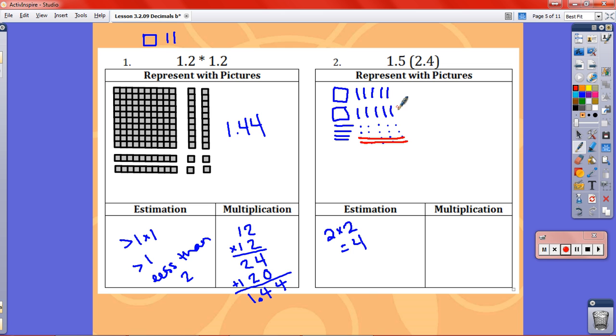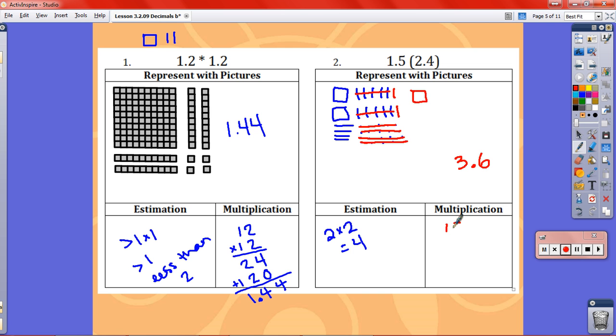Gives me another line. 5, 10. Gives me another line. That's 5, 10. Gives me another whole, and then 4, 5, 6. 1, 2, 3. 3 and 6 tenths.